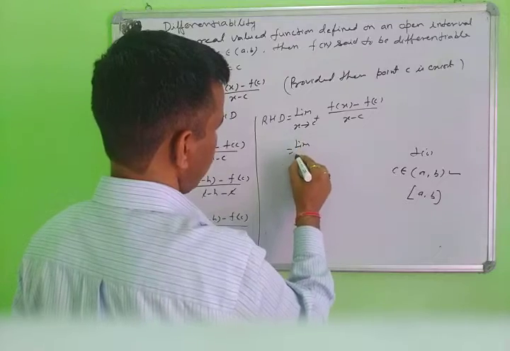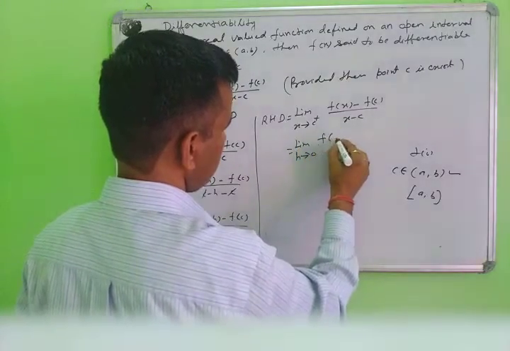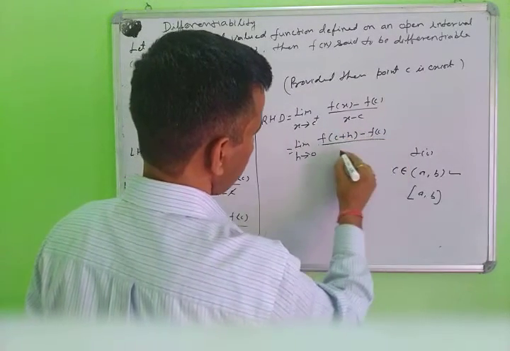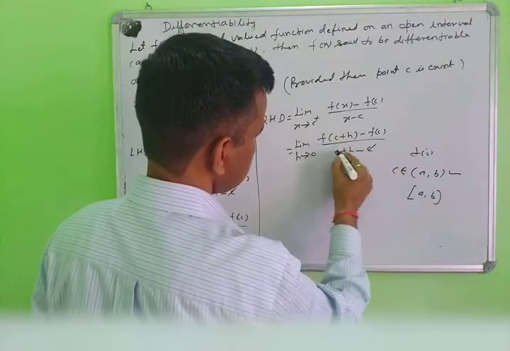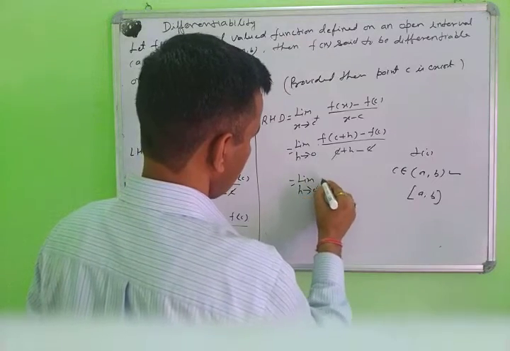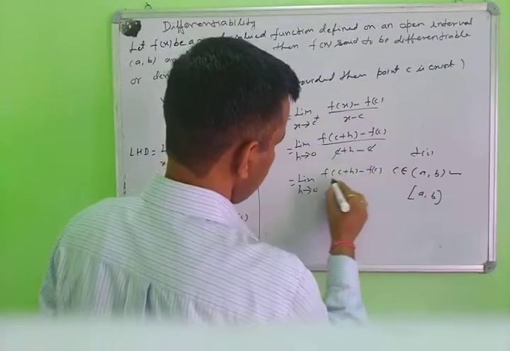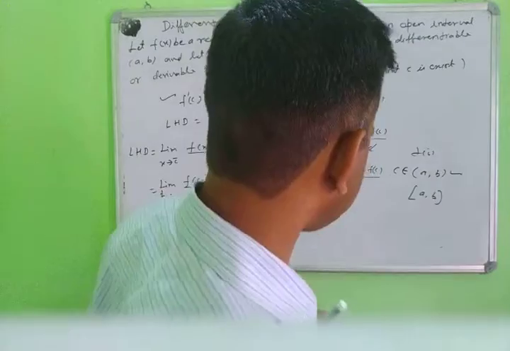Similarly, with h tending to 0, this becomes f(c plus h) minus f(c) upon c plus h minus c. The c cancels, and what is left is the limit as h tends to 0 of f(c plus h) minus f(c) upon h. This is the identity of the right hand derivative.